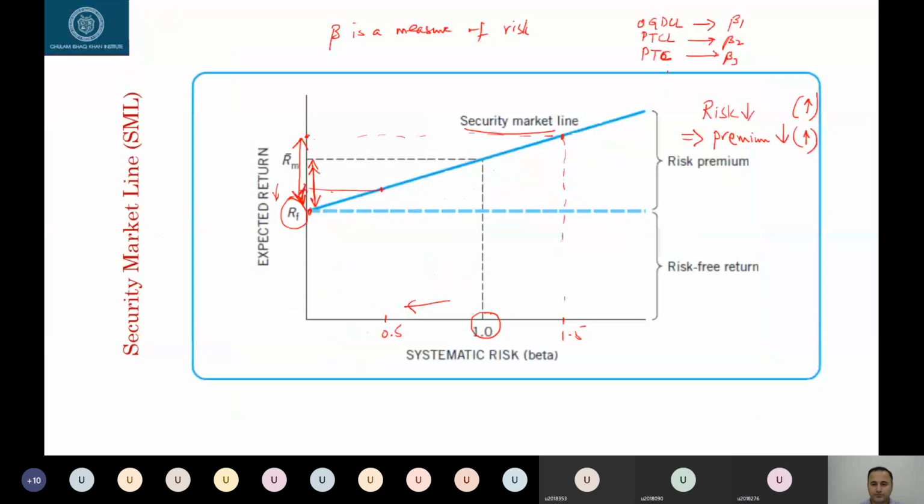Sir, which beta is riskier, like negative 2.0 or 1.2? Sorry, say it again. Which beta is riskier, the one with negative 2.0 or the one with positive 1.2? So if you see the excess return for any stock, let me go back.